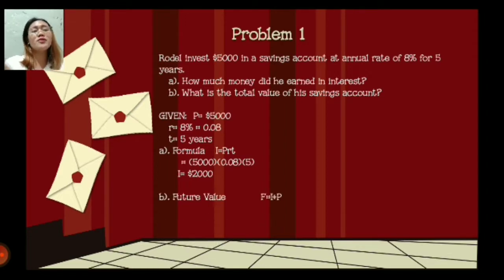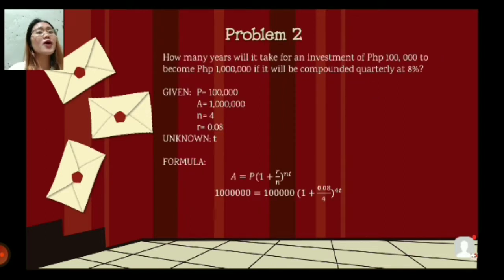So we have the formula, interest plus principal, and then substitute the given values, and then we get $7,000. So therefore, Rodel has a total value of $7,000 in a savings account with an annual rate of 8% for 5 years.